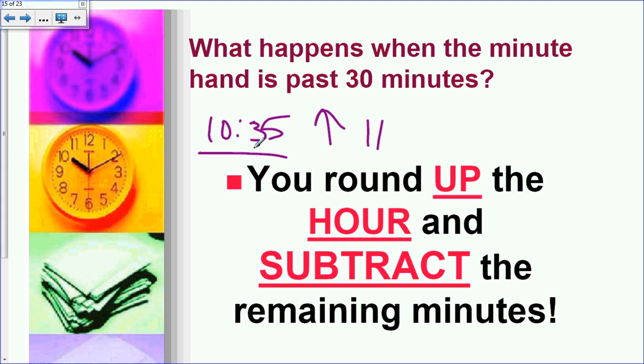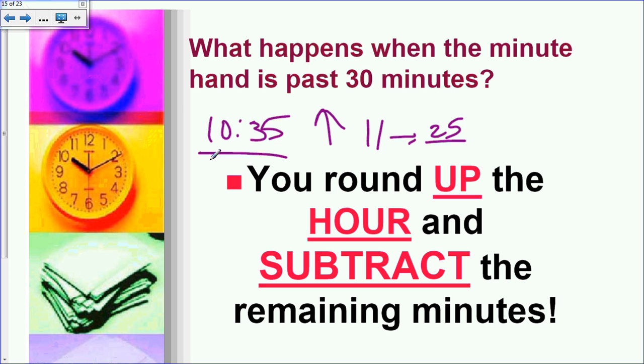Keep in mind, there are 60 minutes in an hour. So the difference between 60 and 35 is 25 minutes. Spanish is kind of like antique in the sense that, for people who have been to London or Europe, you're going to say it's 11 o'clock minus 25 minutes, or it's 25 minutes to 11.